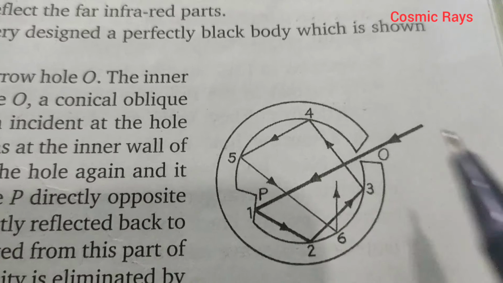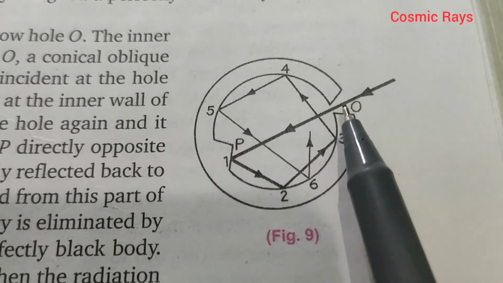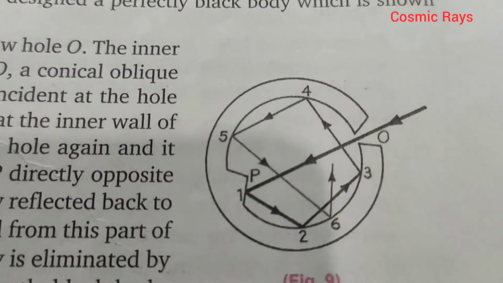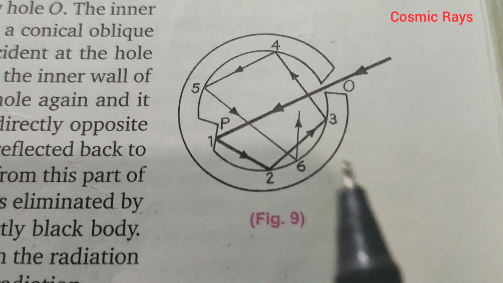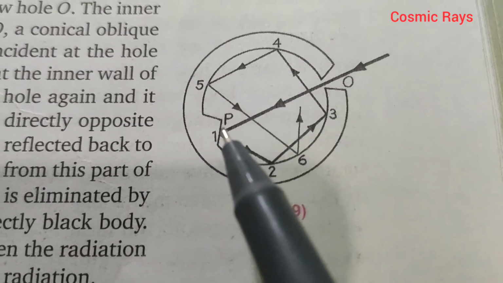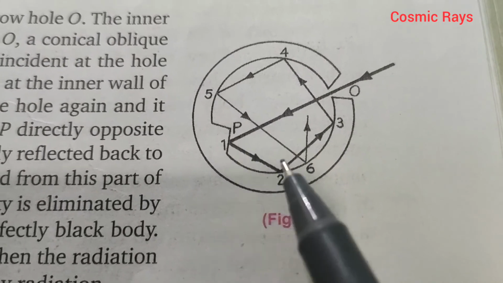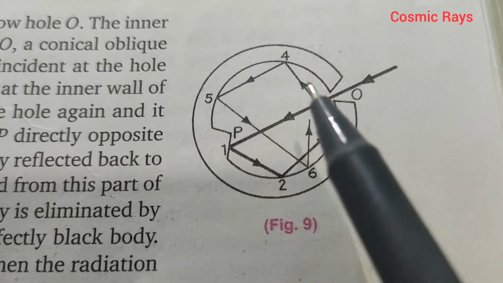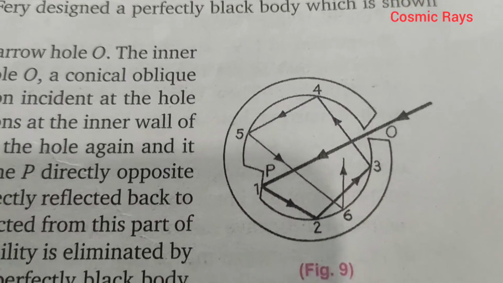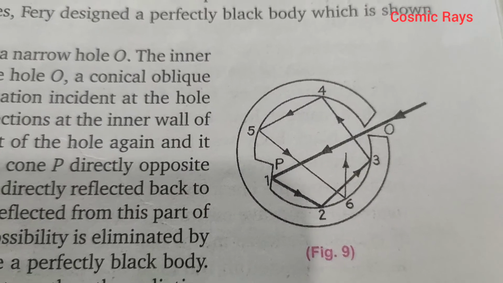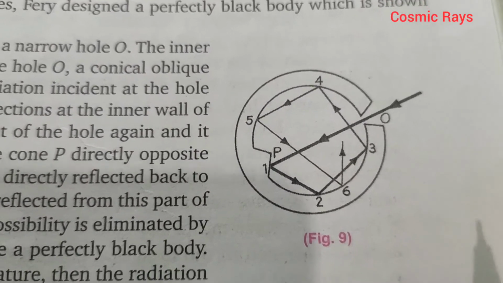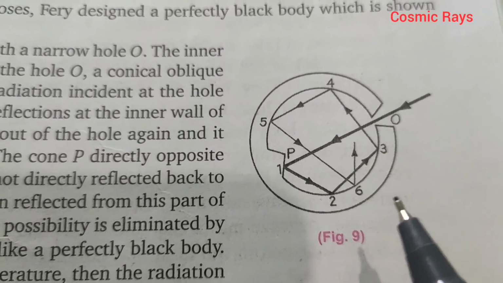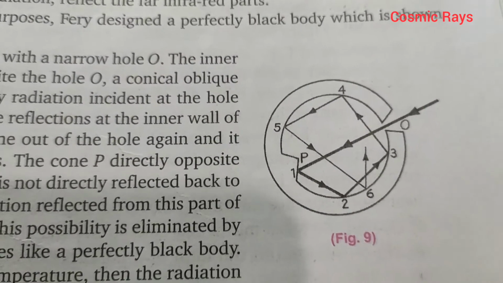Just opposite to this entrance, the hole O, a conical projection is made, so that when light is incident on this, it will suffer multiple reflections, and in the process the light will get absorbed and none of the light will be allowed to be transmitted or to go out. So this acts as a black body for experimental purposes.